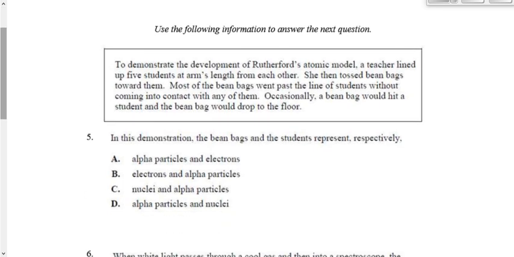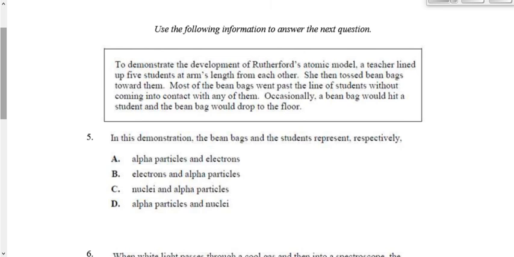Rutherford's atomic model, teacher lined up 5 students and threw beanbags at them. Sounds like fun. Beanbags are way heavier and way more hurtful than pieces of paper that we're throwing at somebody, right? Like we did in class here. This would be something similar to the Rutherford experiment, right?